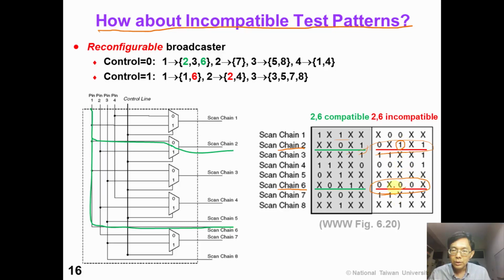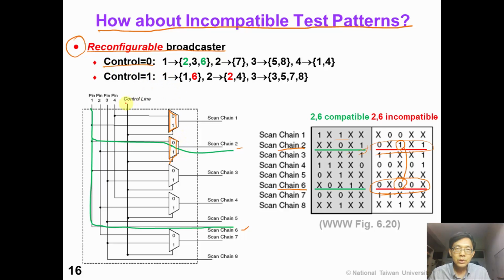For example, due to the conflict in the middle, scan chain 2 and scan chain 6 are incompatible. So now, if we want to broadcast test patterns to scan chains 2 and 6, then we have some conflict. What can we do? We can have a reconfigurable Procaster. So we add some mux to control the Procaster.